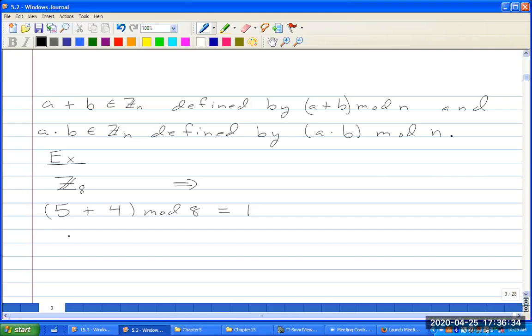And let's see, 2 times 3 mod 8 is equal to 6. 6 divided by 8, well, the quotient will just be 0 with the remainder of 6. So that'll be 6.